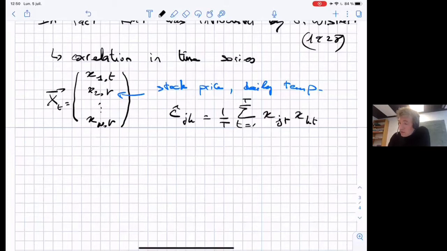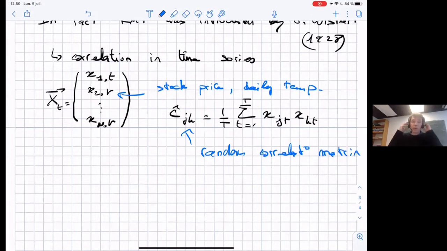And this object, as you see, is naturally a random correlation matrix. And you would like to know how this matrix looks. So it's random in the sense that the x_i's you will take, if you want to make a model, as random variables.